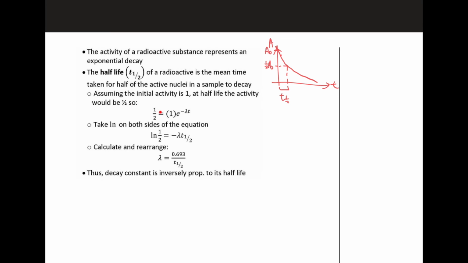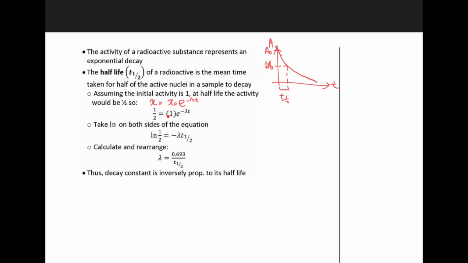So we use the formula just now, x equal to x naught e to the minus lambda t. If this is 1, then this is half. So we just use some numbers to represent the relation between the initial and the half-life. So 1 and half.